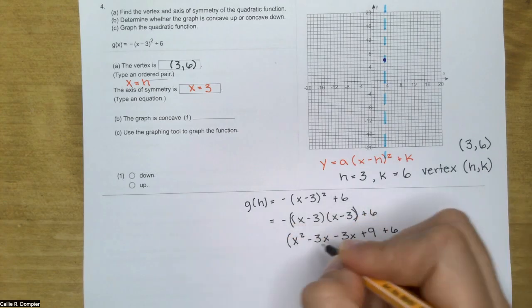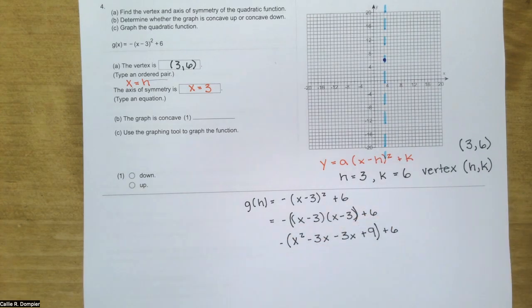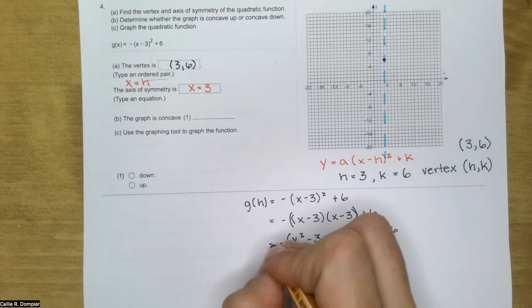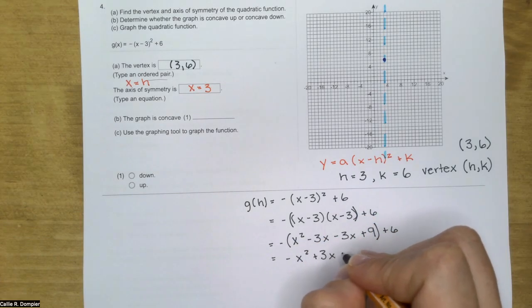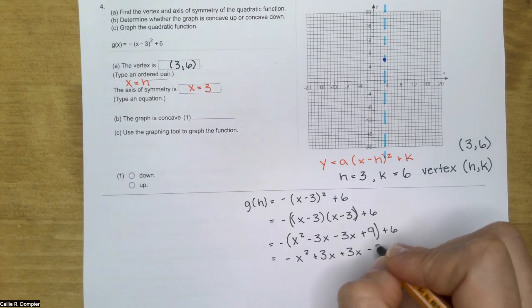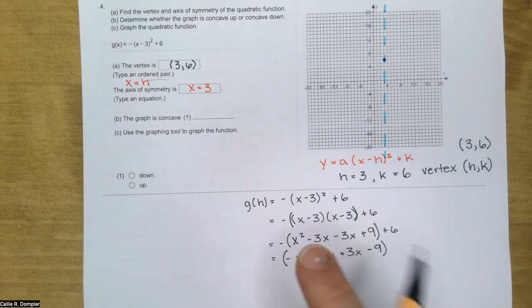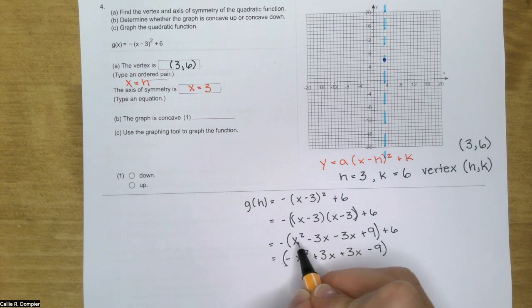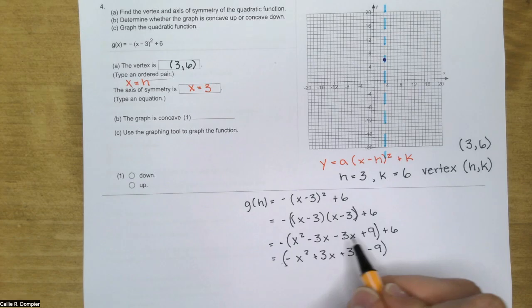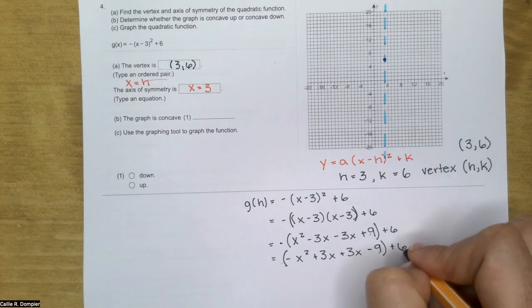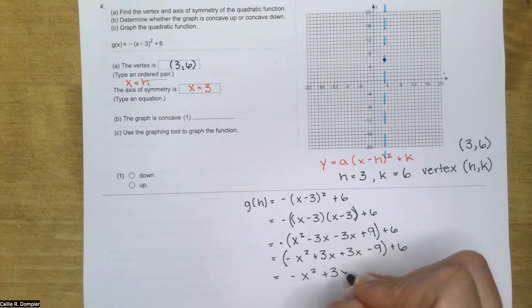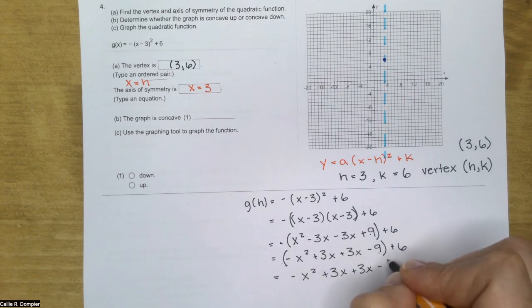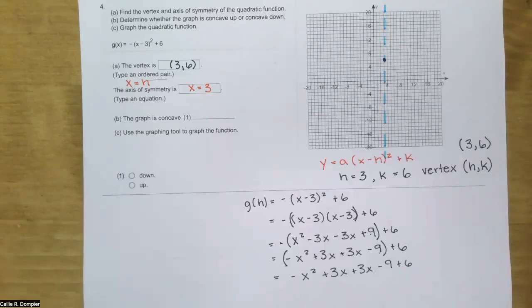And there was a minus sign in front of all of that, right? So that's negative x squared plus 3x plus 3x minus 9 if I distribute that negative sign. So a negative times a positive makes a negative, negative times a negative makes a positive, negative times a negative makes a positive, negative times a positive makes a negative, plus 6.